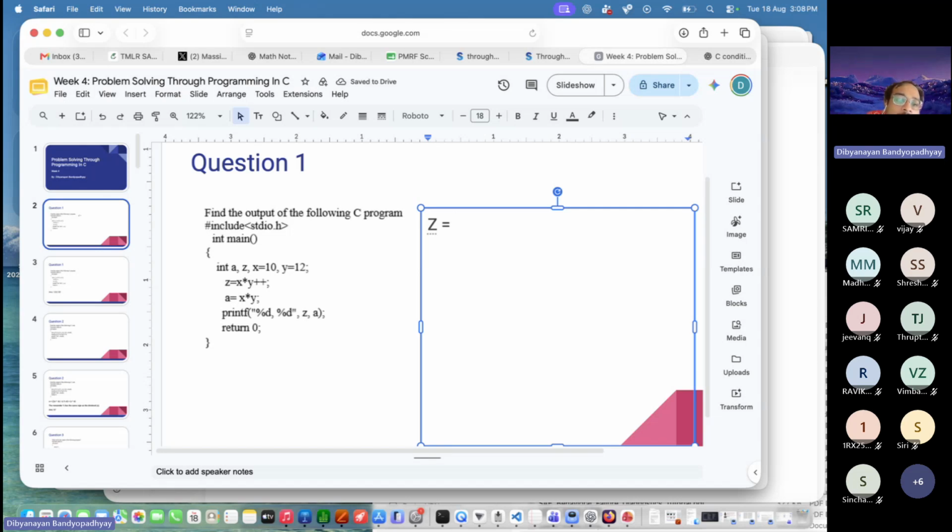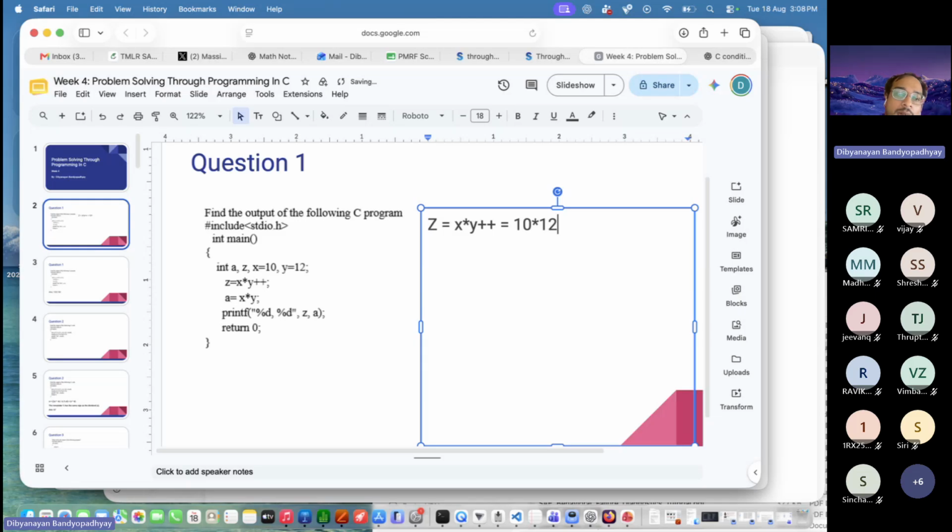So y plus plus is a post increment operator. So x into y, this operation will happen first using the previous value of y, which is assigned as 12. So when you perform x into y plus plus, x is 10, so you multiply it with 12.